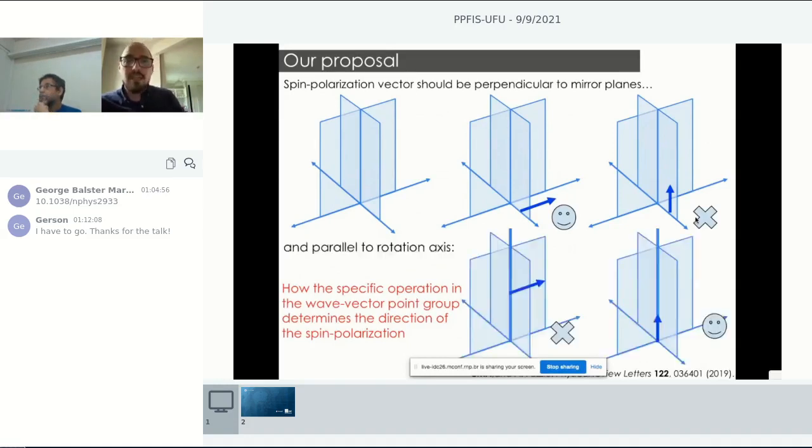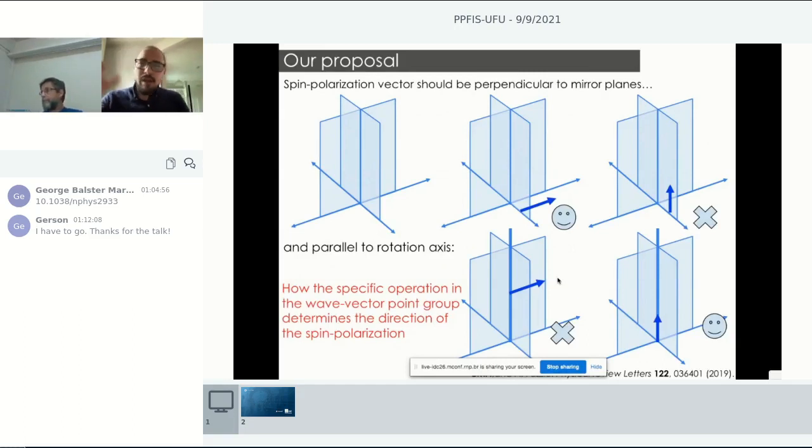Okay. And a similar thing occurs with a symmetry axis. When we have a rotation symmetry, the spin is comfortable when it's parallel to the rotation axis. If the spin is perpendicular to the rotational axis, then this is not a symmetry of the compound, or essentially we cannot have the spin in that direction. Now we can use these two very simple rules.